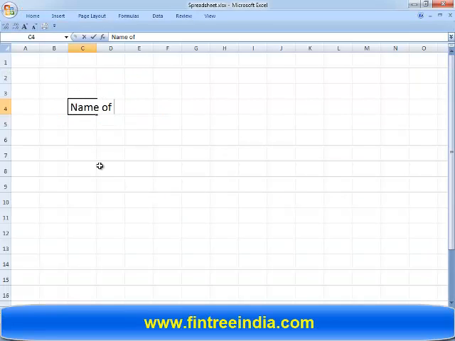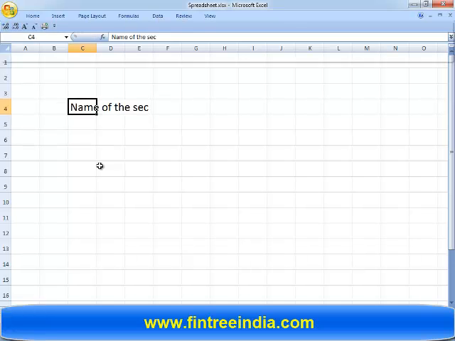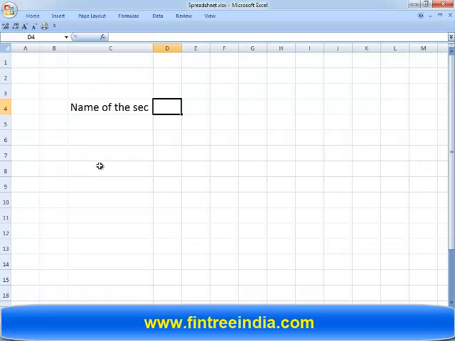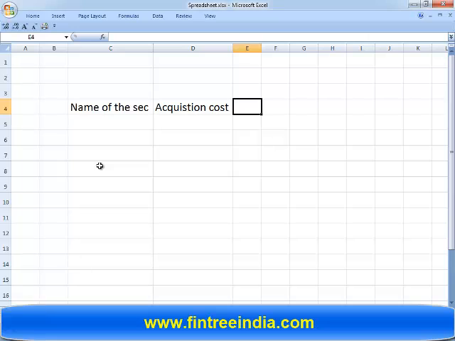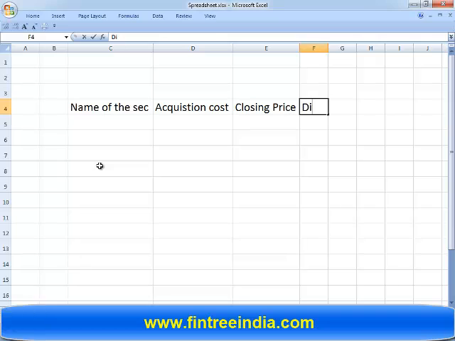So here, name of the security. Then we will say acquisition cost. Second, closing price. Dividend received.